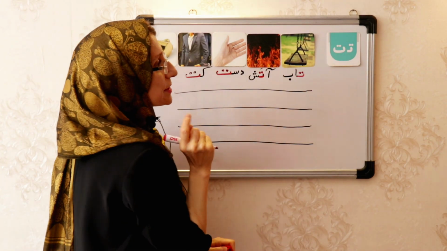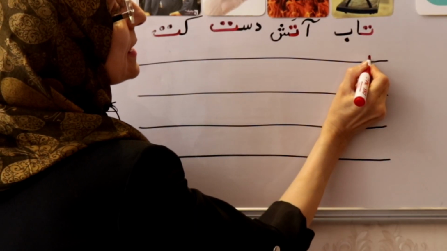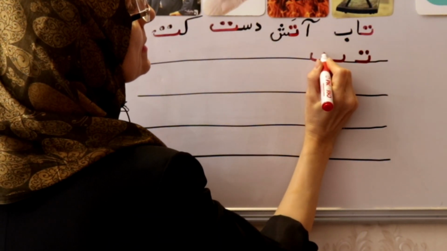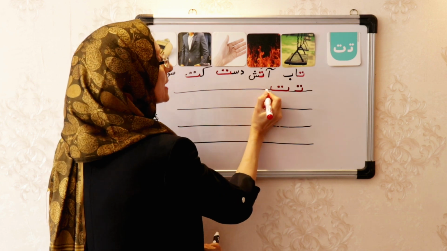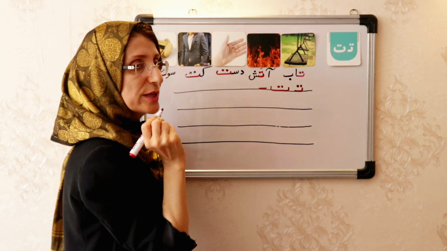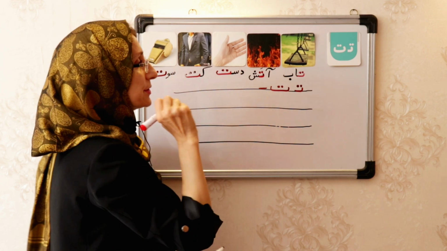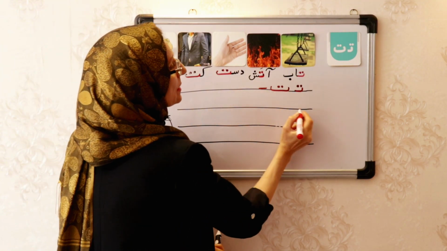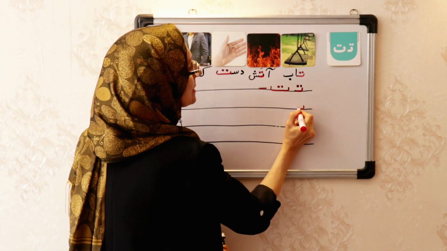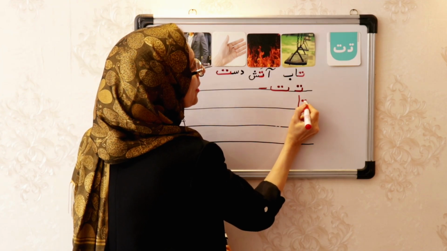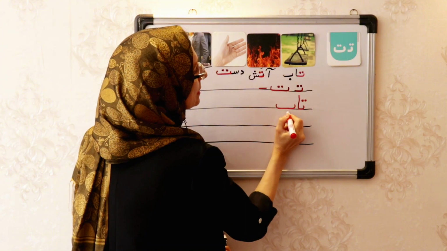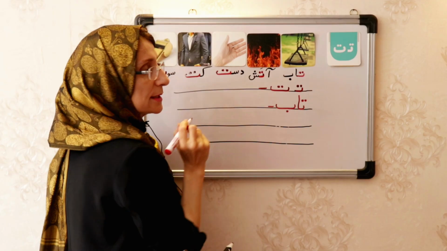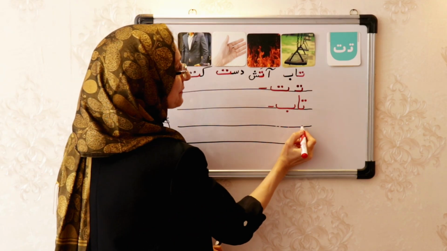One line, write T أول, T آخر. Continue to the end. And again, when you are writing your homework, read aloud with yourself. T sound, T أول, T آخر. One line, top, swing. One line, tap, fever.